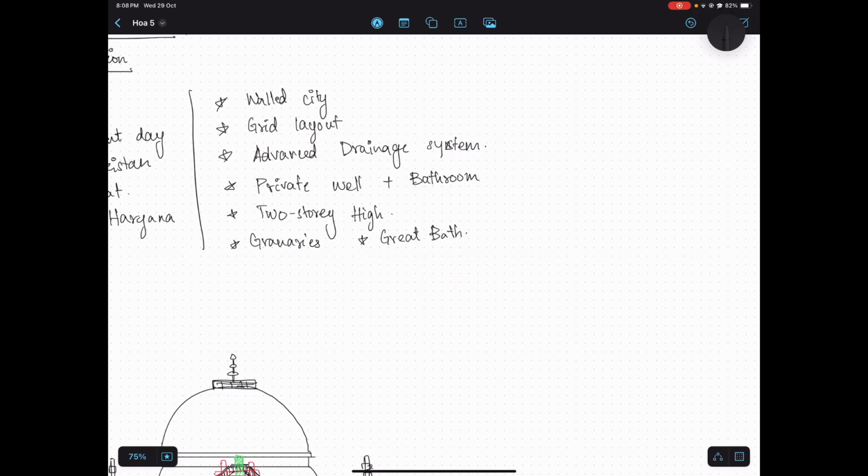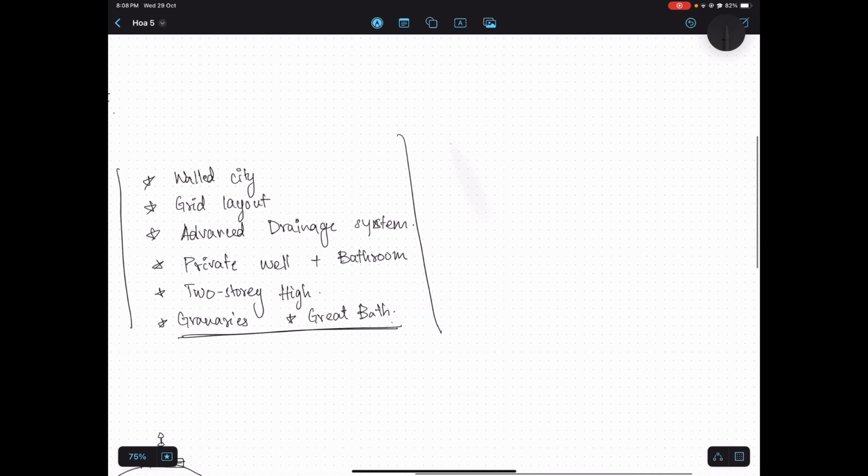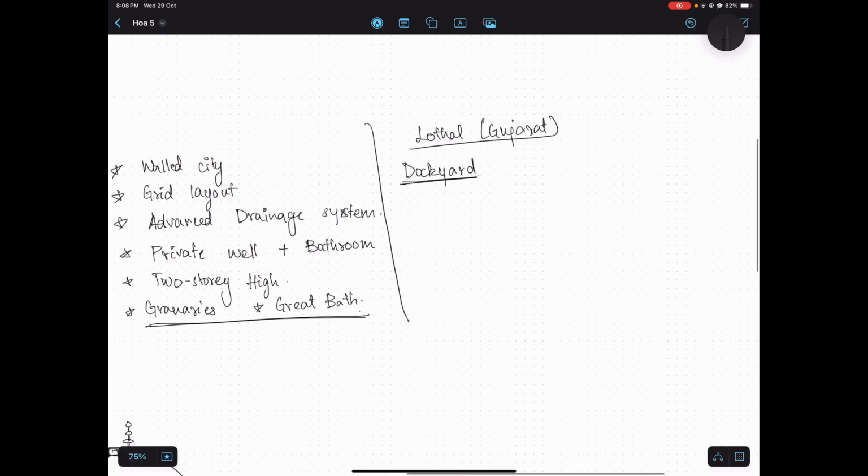And recent findings at Lothal in Gujarat, the excavation team found the remains of a dockyard, which adds to the fact that most of the trade was done by sea.